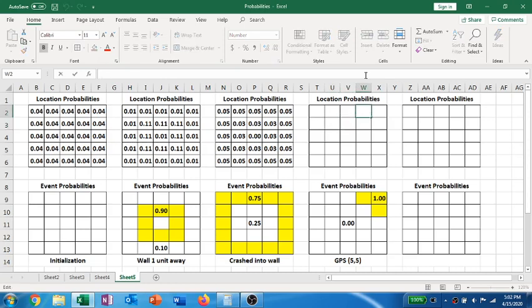So let's find our sum here. It looks like it's 0.15 if I just do that in my head. So that's our denominator. So we're going to do this cell times 1 divided by 0.15.